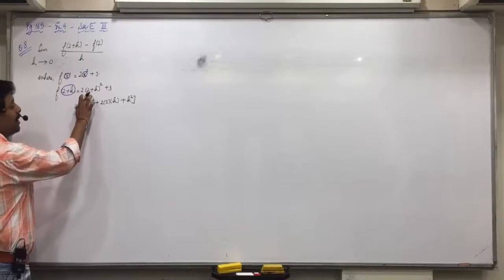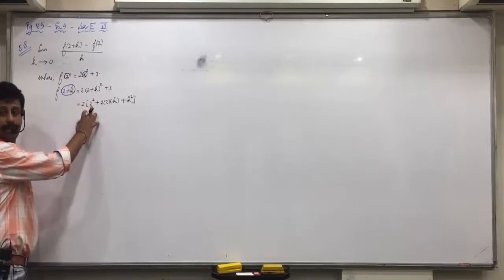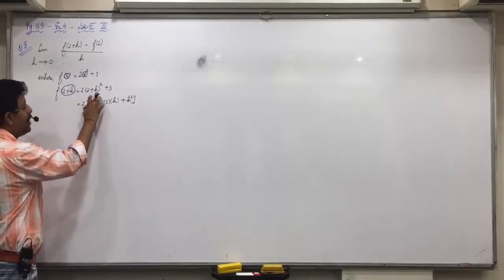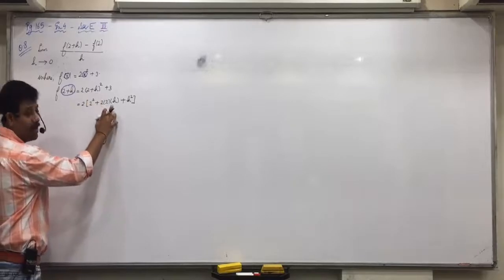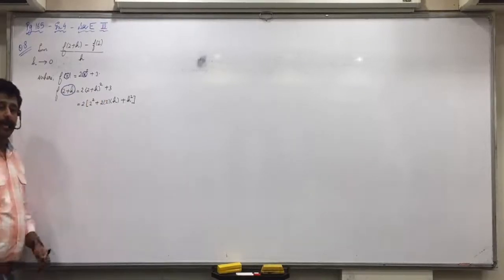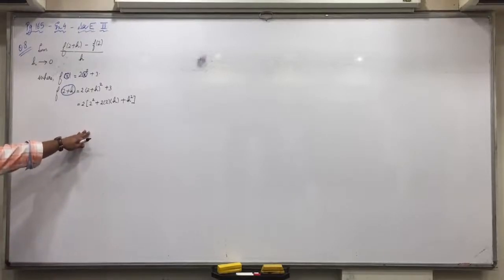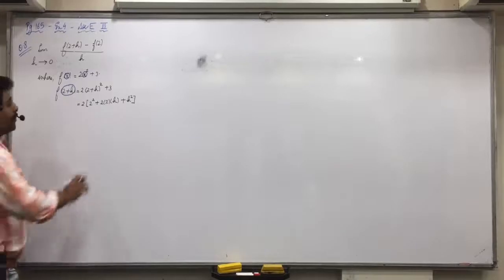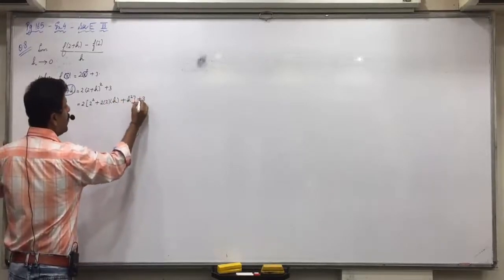So a square means 2 square, then 2ab, so 2 into h, plus b square means h square. Raise your hand who did not understand this. All are clear with this? Plus 3 as it is.